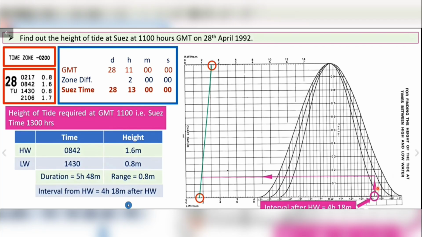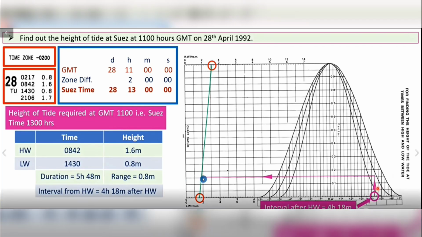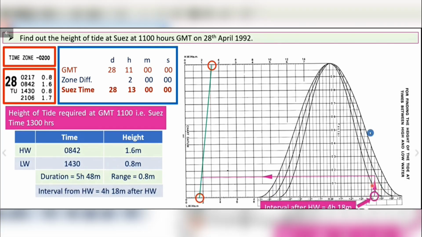Very good. Great. So once we hit the interpolation line, now it is easy, simple. Where this horizontal line hits the interpolation line, from here we go vertically upward, and where it cuts this scale out here, we read it on the same scale on which the height of low and high water were marked.